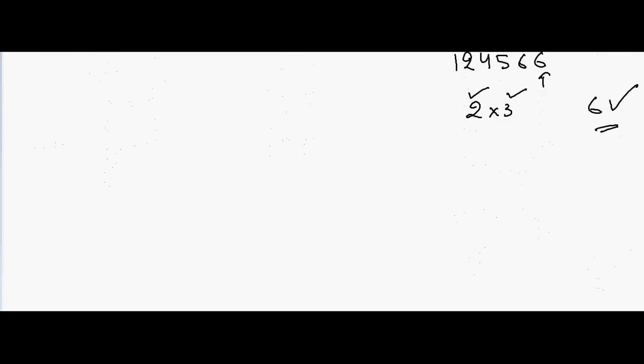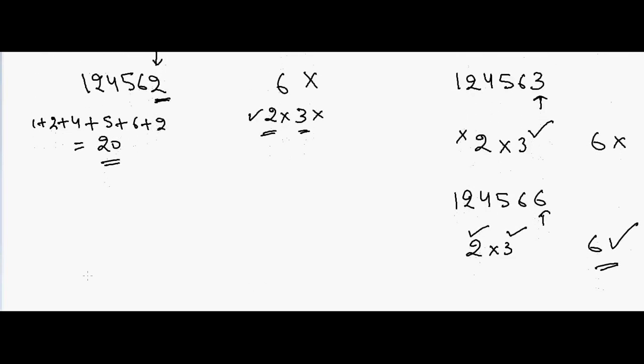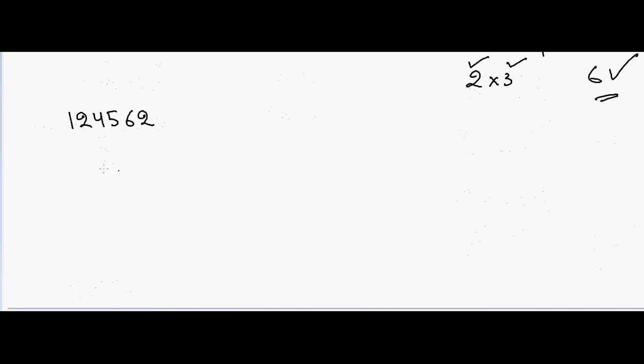Now let's go for 8. So now we have 1 2 4 5 6 2, and we want to find out whether this number is divisible by 8. In that case we'll take the last 3 digits and see if 562 is divisible by 8.